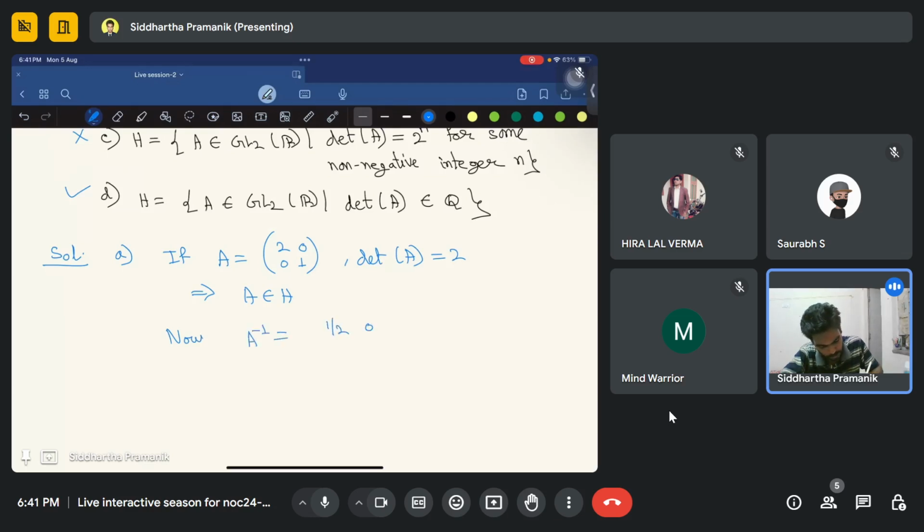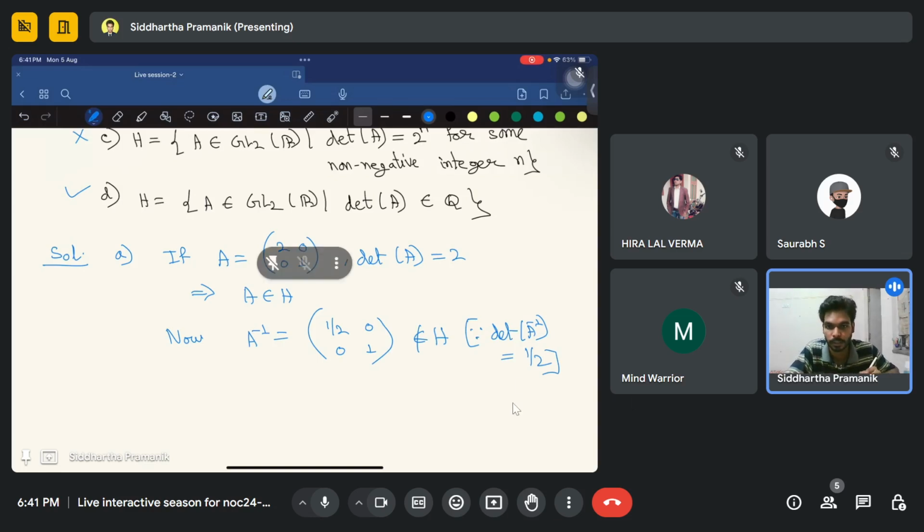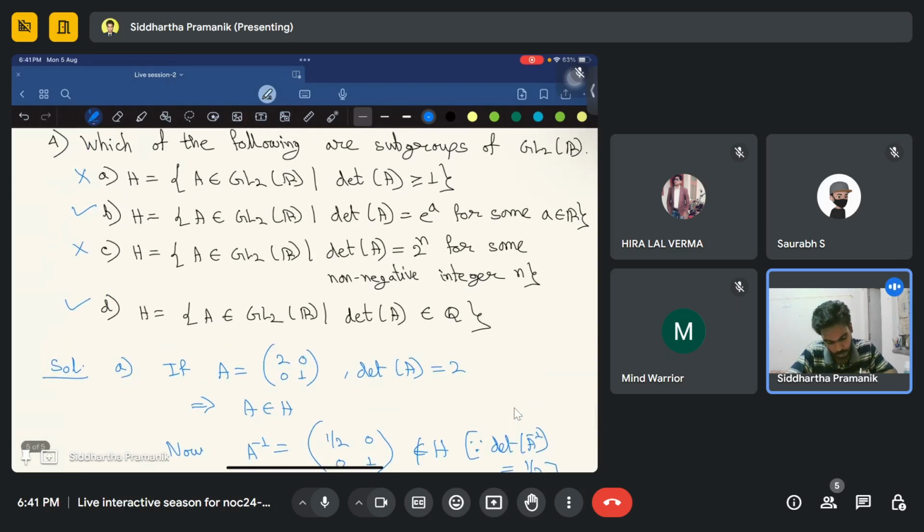A inverse is the matrix 1/2 0 0 1, and this does not belong to H because its determinant is 1/2. So it is not satisfying the inverse property, which is that every element should have an inverse in this set. So the first one is not a subgroup.